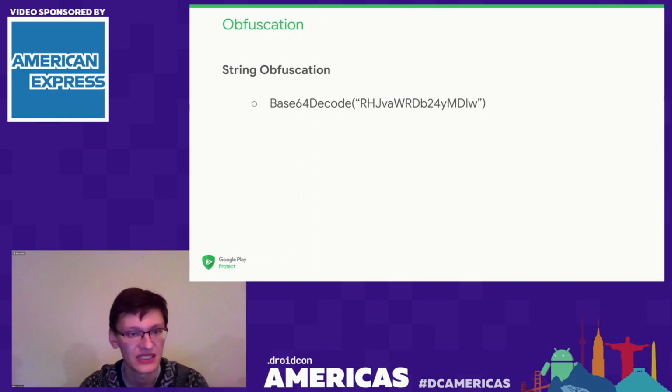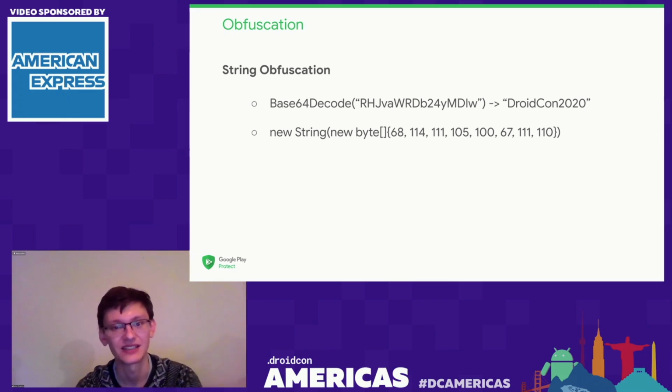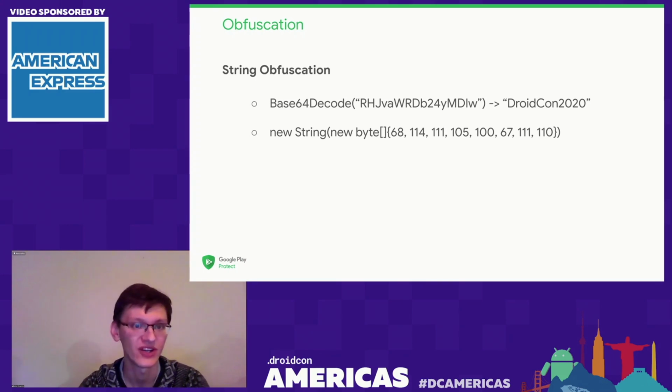So some examples might be some really simple things like just base64 encoding the strings. So in this case, this one just says droidCon 2020 when you base64 decode it. Another example is if you're trying to hide from automation, and I don't want someone writing a script that parses out the strings and analyzes them, then I might do something like this, where I actually store the string as a byte array of ASCII values and then convert it to a string at runtime.